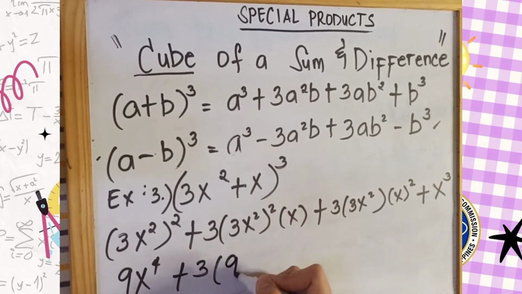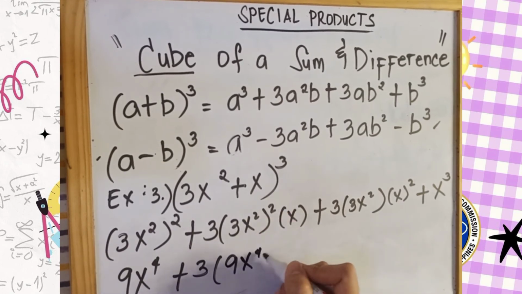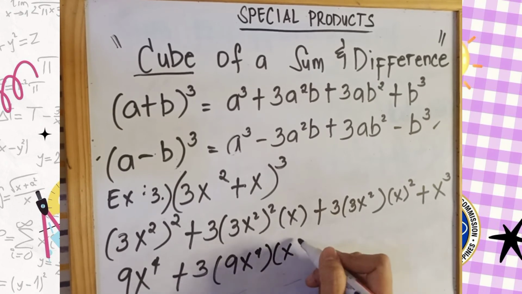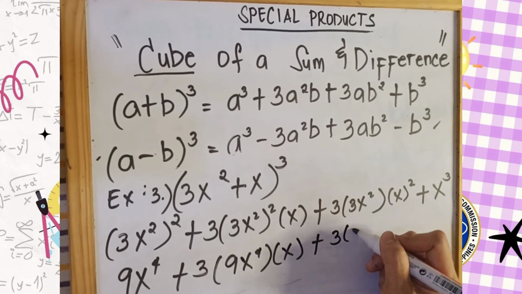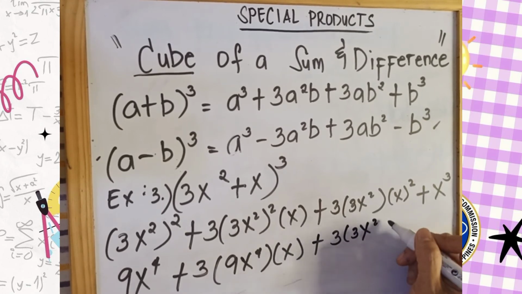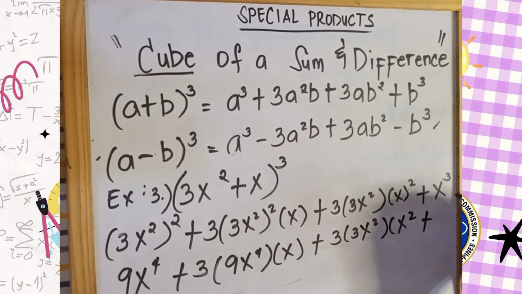That is equivalent to 9x to the 4th times x plus 3 times 3x squared times x squared plus, copy lang natin yung last term, that is x cubed.